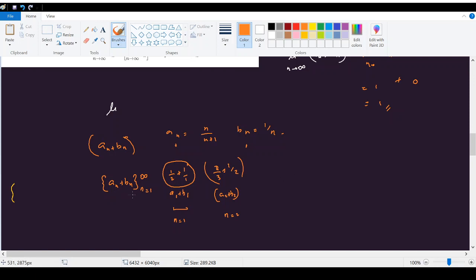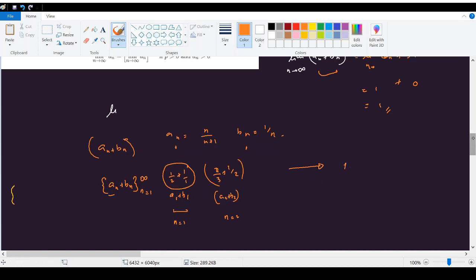For each n we have the value for an and the value for bn, and the addition of those two values will create another sequence, and the limit says that these values will also converge to 1 when n goes to a large value.